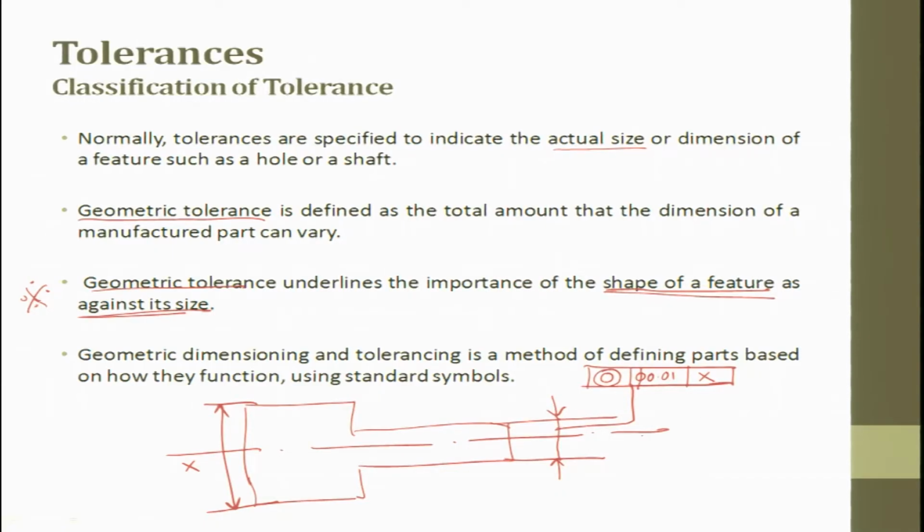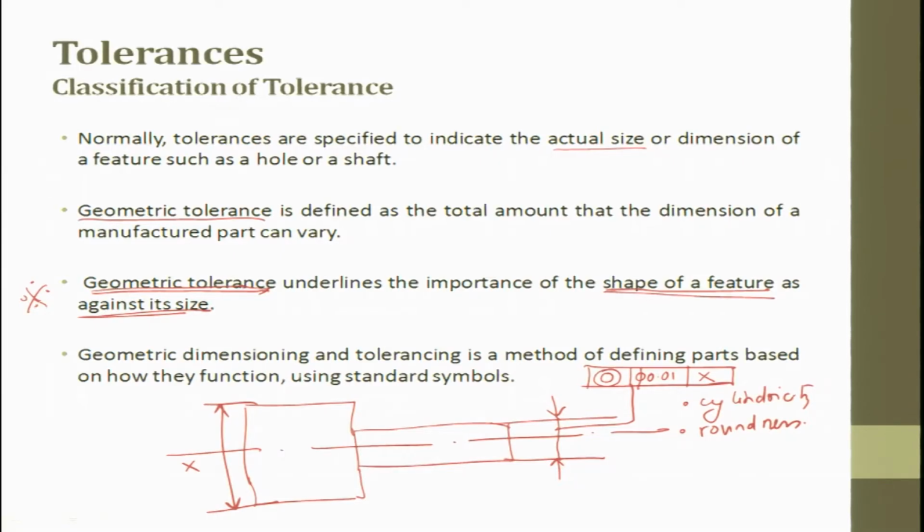Geometric tolerance is generally given, it talks about cylindricity, it talks about roundness of this shaft with respect to the diameter or something like that. So, here geometric tolerance is more talked about in terms of the shape of a feature as against the size.